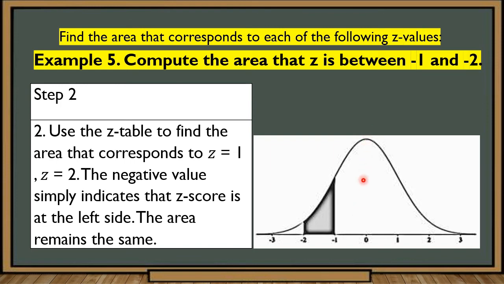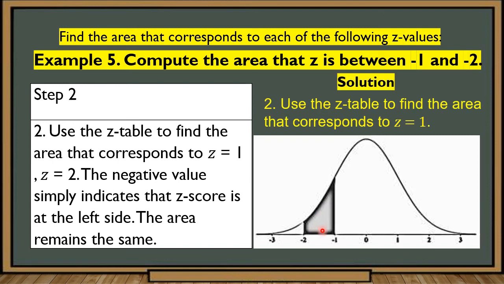So, analyze first the curve. Paano natin mahahanap yung area na to? Ano yung gagawin natin first? So, again, first, we're going to find the area that corresponds to z equal to 1. So, kahit na -1 ito, since wala tayong negative sa z value, just take the absolute value of this number which is positive.